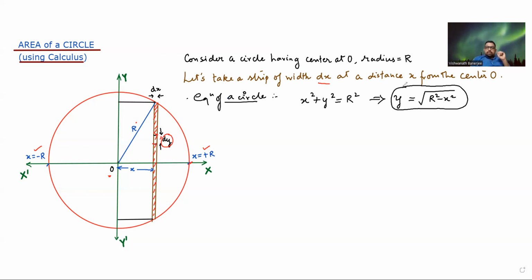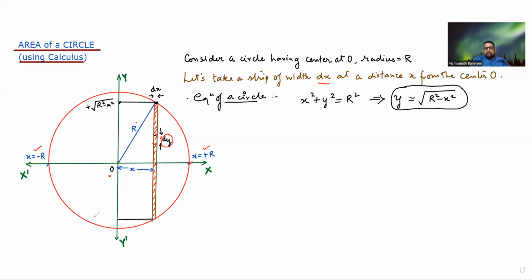Now notice one thing. If we ask what the y limits of this strip are: at the top portion, at x, what is the value of y here? It is positive under root of r squared minus x squared. This is the y-intercept on the positive side of the y-axis.